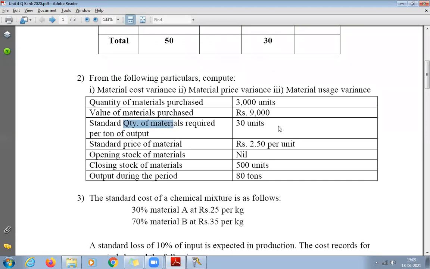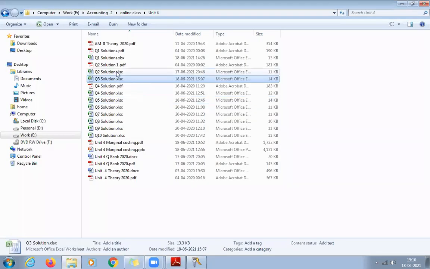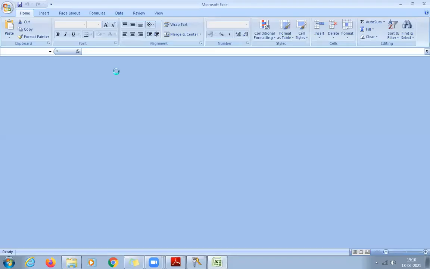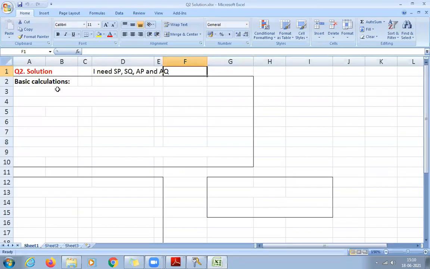You have to multiply this to get the total standard quantity, 80 into 30. Or do you want me to do it? If you're getting confused, one minute, I'll show you only half of the calculation. The remaining you can do.